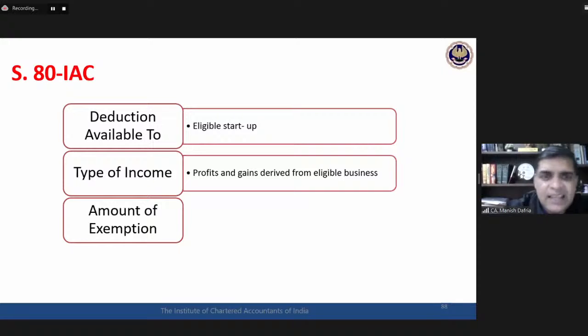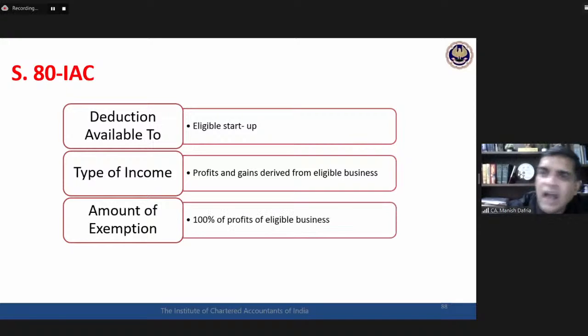How much is the exemption one can claim? 100% of the profits of eligible business. So the basic understanding is: the entity should be an eligible startup, and 100% of the profits and gains from the eligible business would be entitled for exemption under section 80IAC. Now let's go to a deeper understanding of the other related incidental provisions.